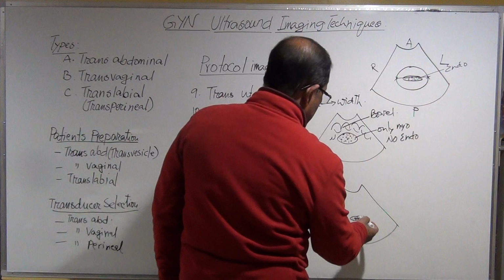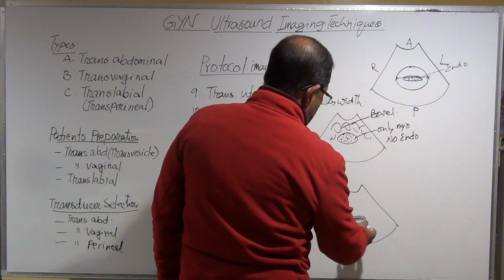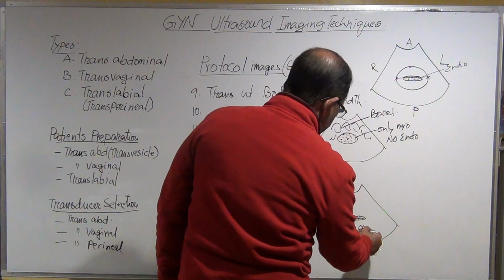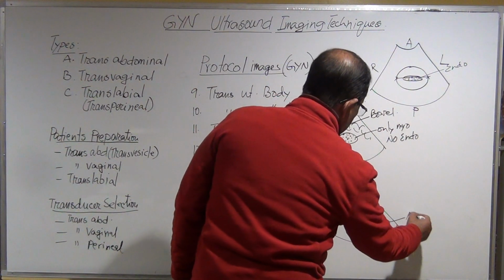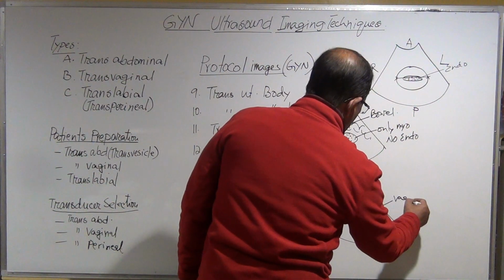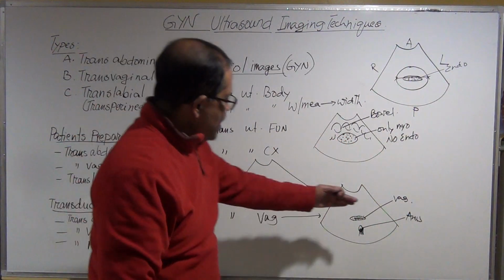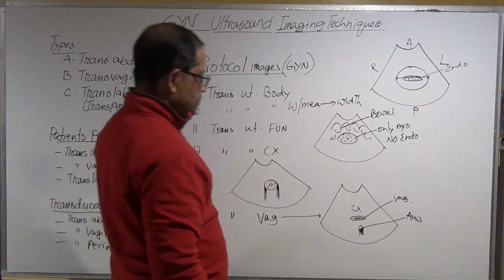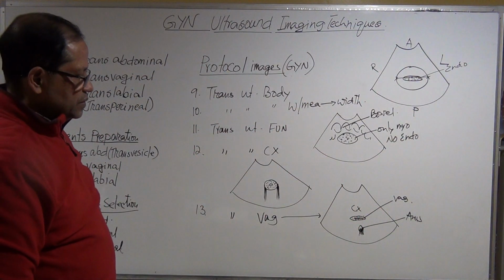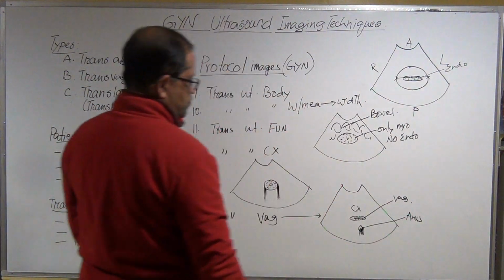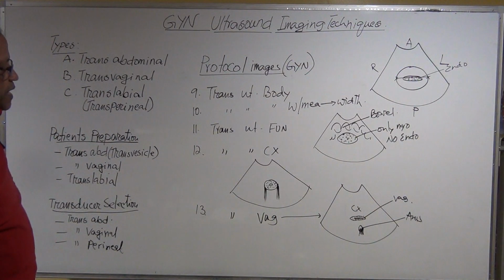You know that? So this is vagina. If you angle more, you will see the anus is here. And if you angle up, you will see the cervix is there. Okay, so this is the transverse view of the vagina.